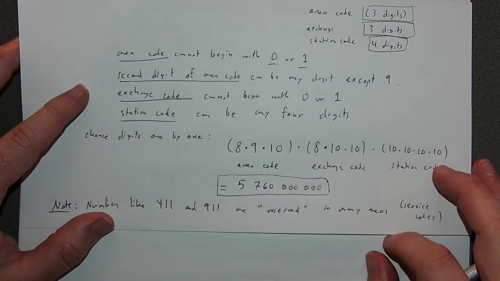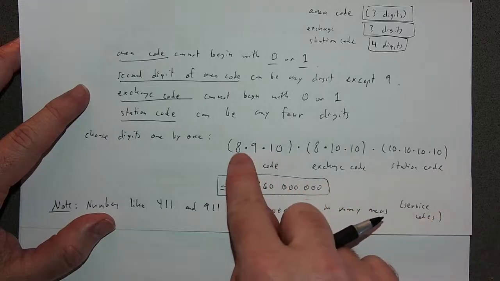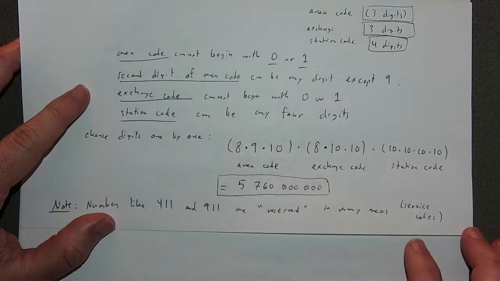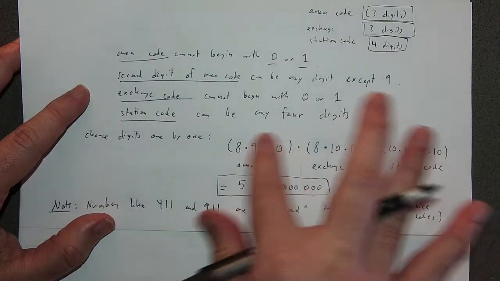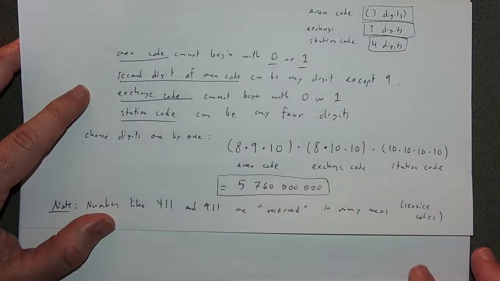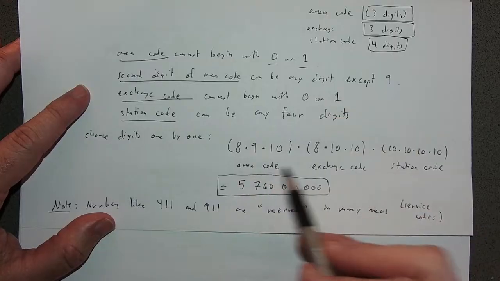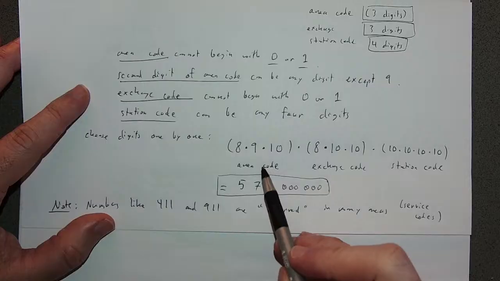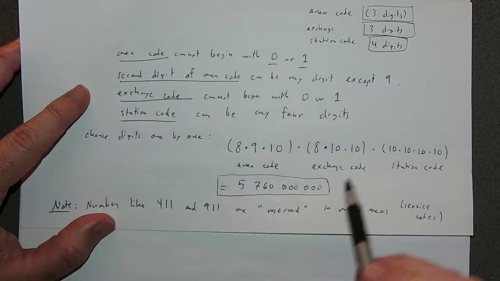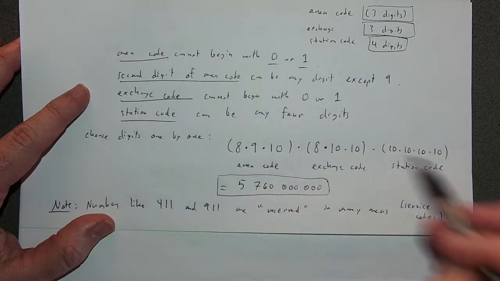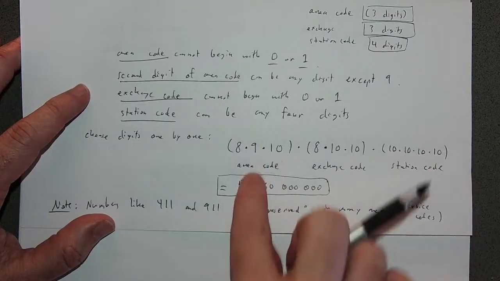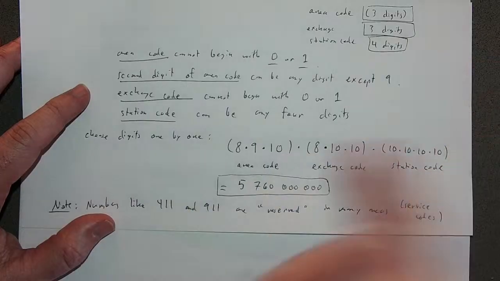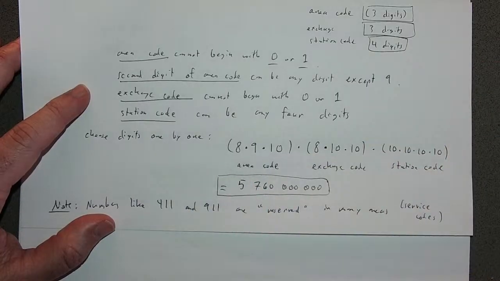How am I rewriting the number of area codes here? The reason I kept these separate is so that if we were going to do something like this, we could see how to alter the area code count and the exchange code count, or even the station code if I put some restrictions on it. All these could be thought of as counts taken separately, and then the total number of counts is multiplying them all together, again by the product rule.